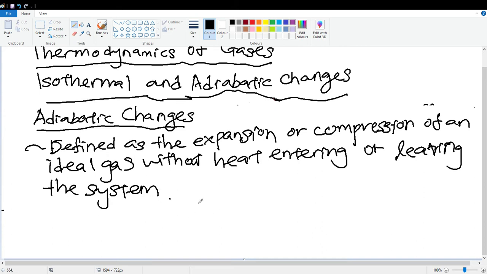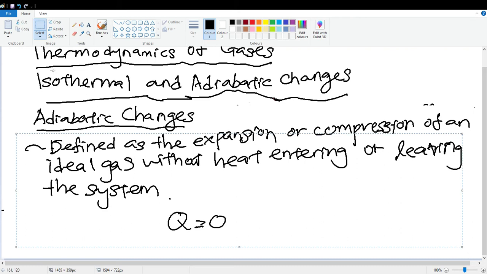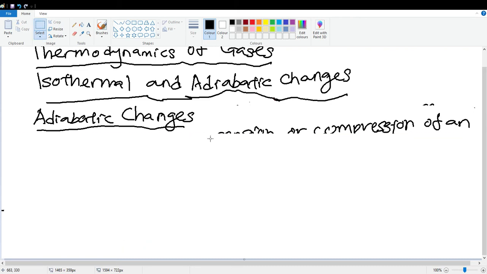My Q, which is the heat, equals 0 for both adiabatic expansion and adiabatic compression. So let's go through adiabatic expansion.